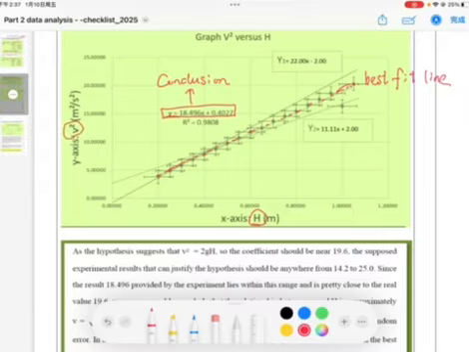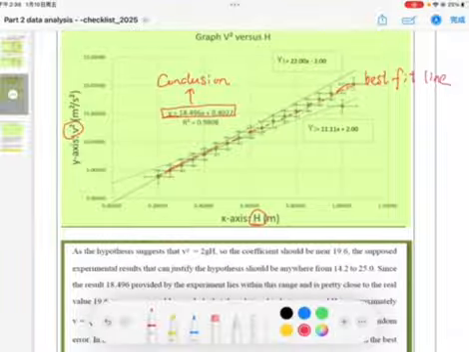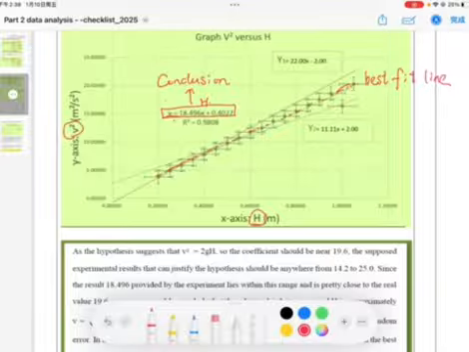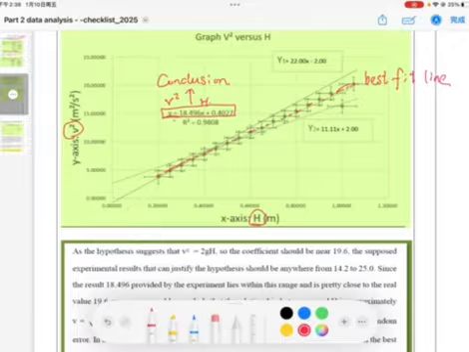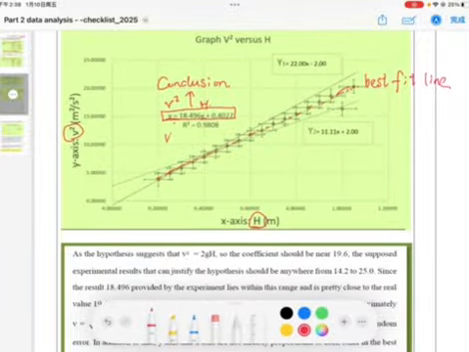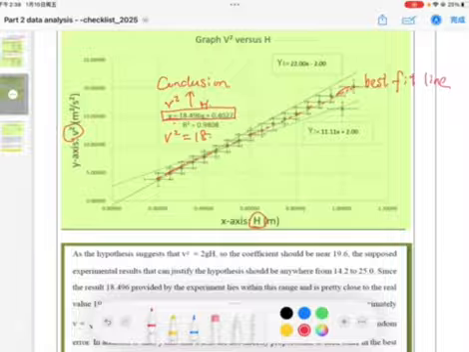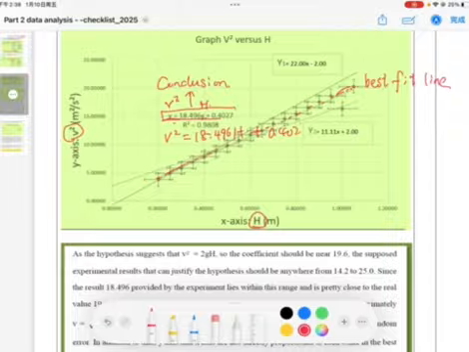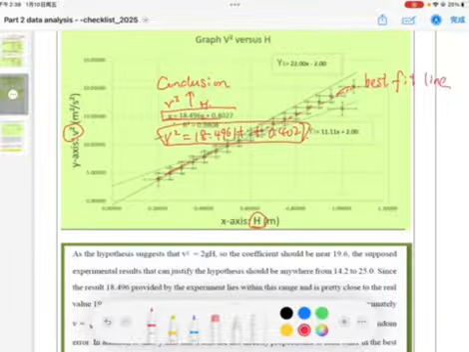So this equation has given you the quantitative relationship between your H and your V. Y is V squared, X is H. So if we rewrite this equation, it would be V squared equals 18.49x. Sorry, now X is H, right? So H, plus 0. All right. So this is kind of like your conclusion.